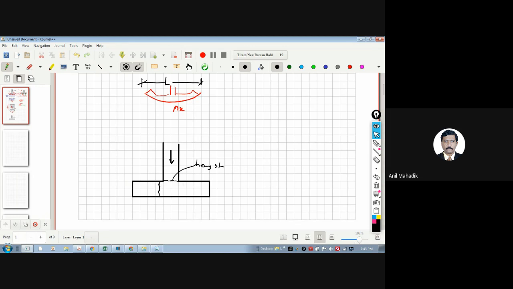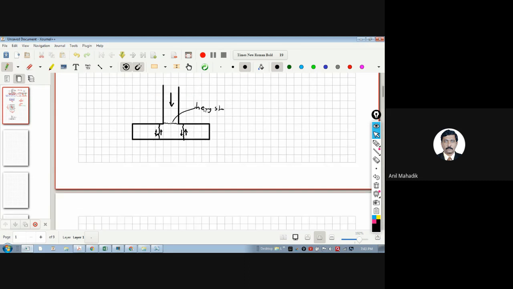Because this column area is very small, there will be heavy stress, and due to that, this whole portion may punch like this. There will be shear in this direction, so the whole block will try to slide down.